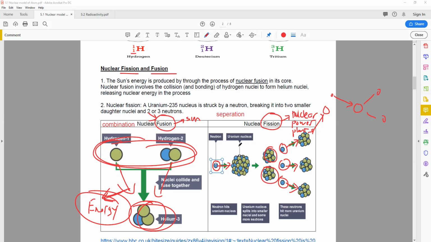By the way, guys, it doesn't matter if it's nuclear fusion or nuclear fission, both of them will release tremendous amounts of energy. But obviously the energy from fusion is higher. So the question is, if the energy from nuclear fusion is higher, why is Earth only using nuclear fission? Anyone knows the answer to this, by the way?